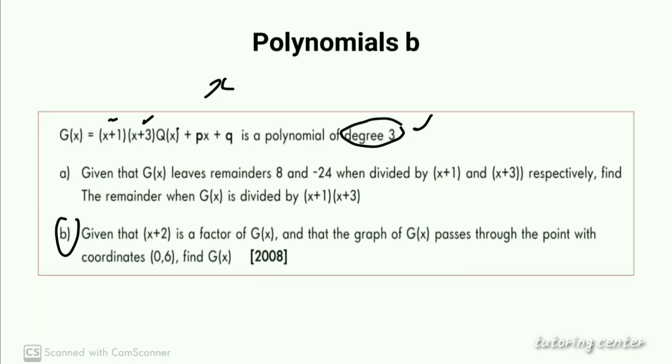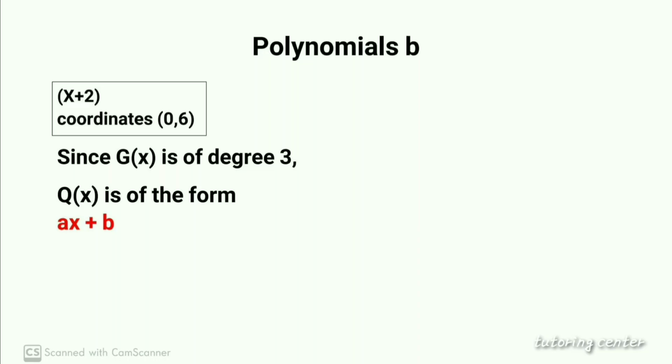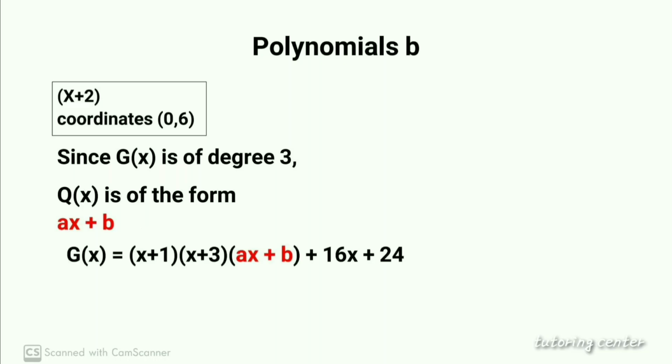So we need another x to multiply x squared to give us x cubed, which is the highest degree of this polynomial. So it therefore means that q of x is of the form ax plus b. Okay, having understood that, let's proceed.